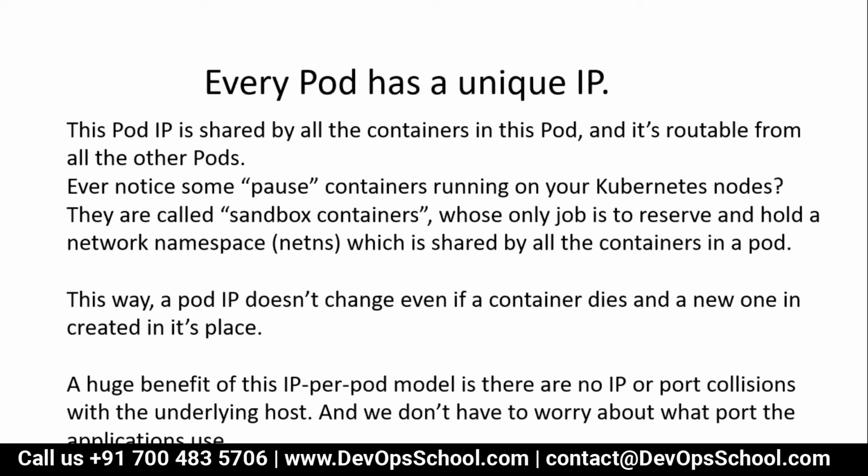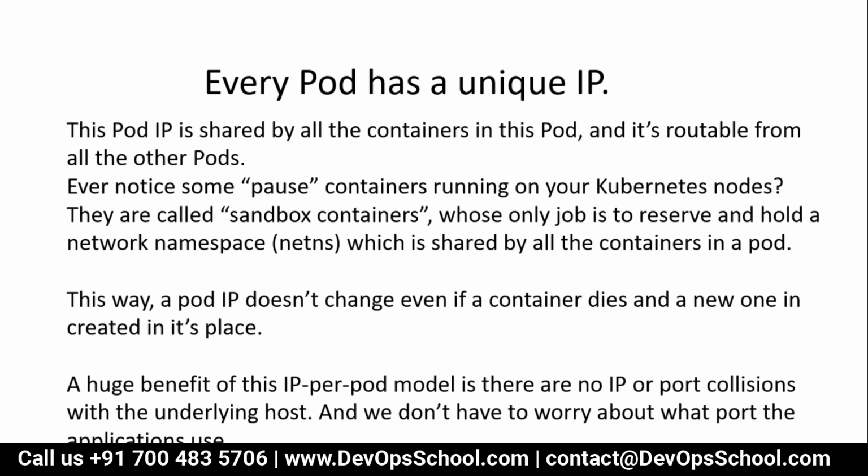The pod IP address, which each pod gets, is shared by all containers in this pod. You know that. The pod IP is shared by all the containers in the pod. And it is routable from all other pods also.